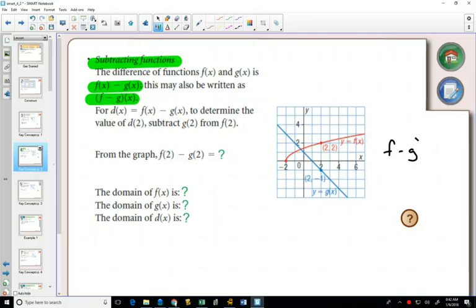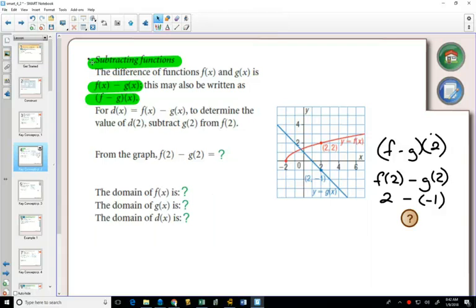So now if we look at that same x value when x is 2, what would f minus g be? Well, you could write it in the other notation. f of 2 is 2, g of 2 is negative 1, and so we will get 3. And that matches up with that point right there.